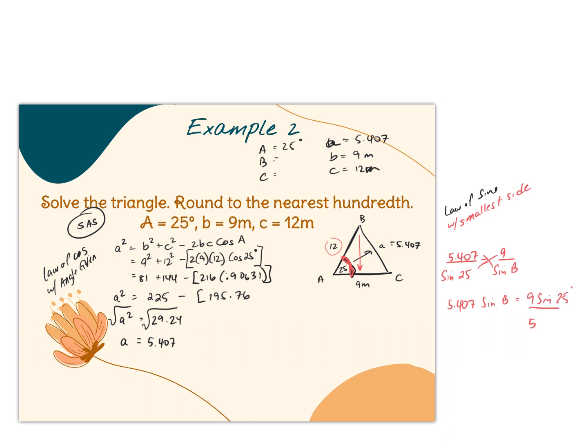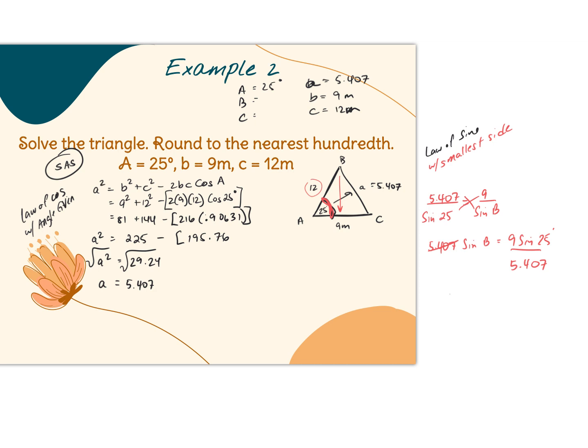And I'm going to divide by 5.407. That's going to give me the sine of B. So we're going to do 9 times the sine of 25 divided by 5.407, and I'm going to get 0.70345.